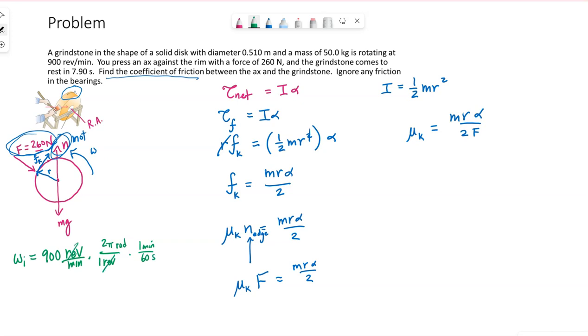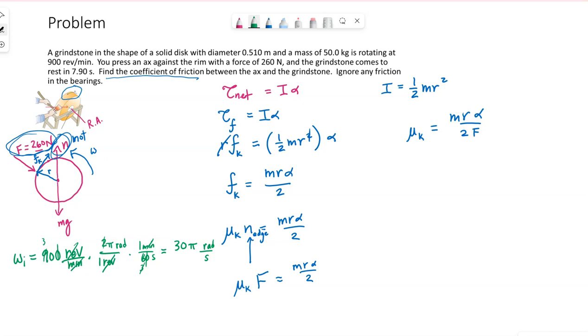So revolutions cancel, minutes cancel. So let's see, a 0 cancels, 2 becomes a 3, 3 goes into 9 3 times. So 30 pi radians per second.